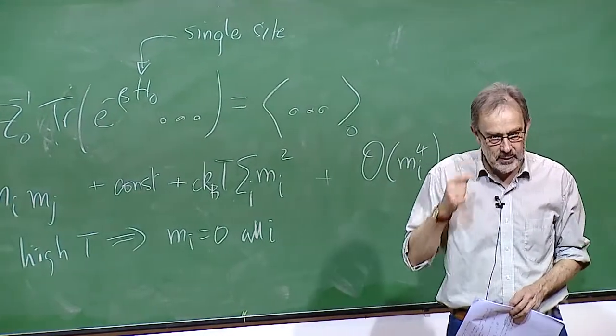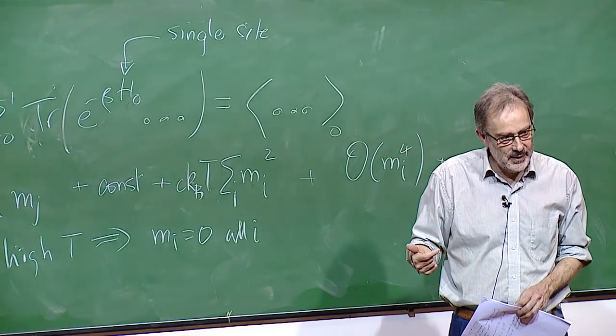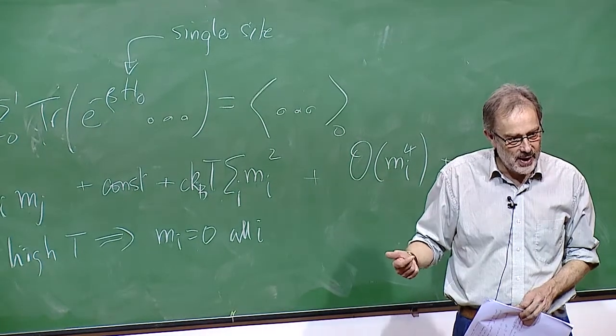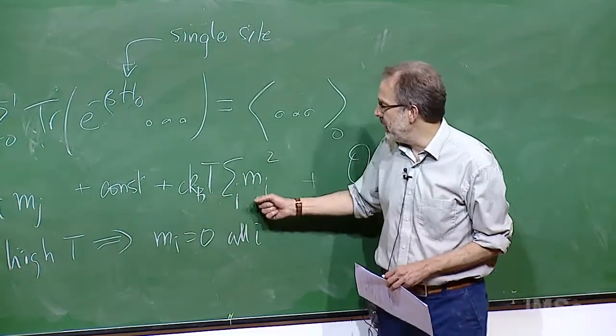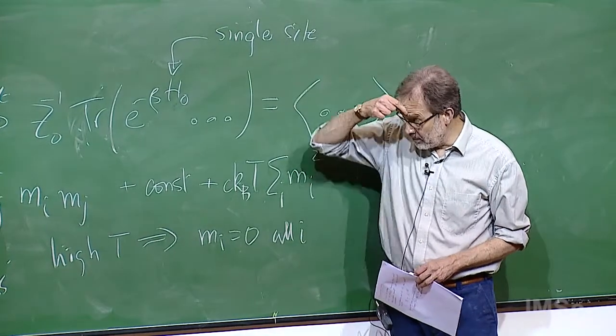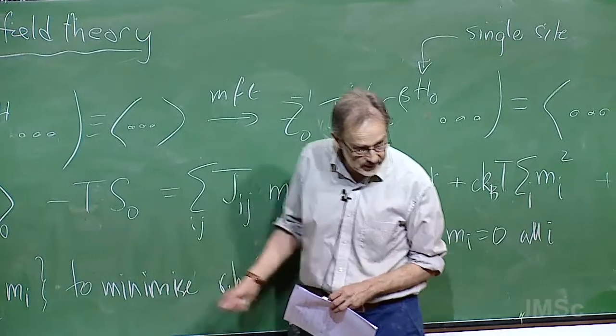So we can do some kind of Taylor series expansion, and the odd terms, I think, will vanish by symmetry. And what we do need is that the coefficient of the quadratic term should be positive, and the factor of T comes from this prefactor here.